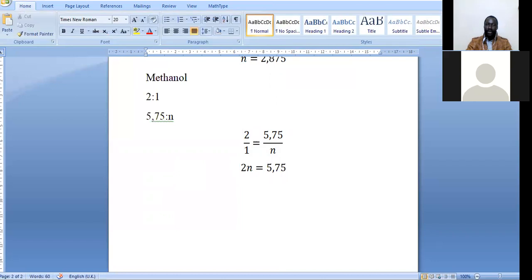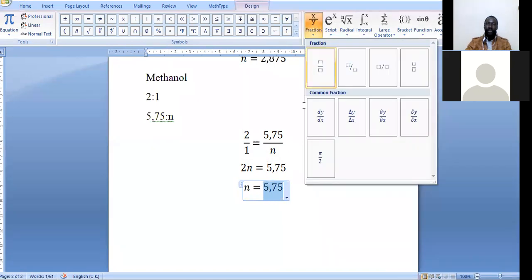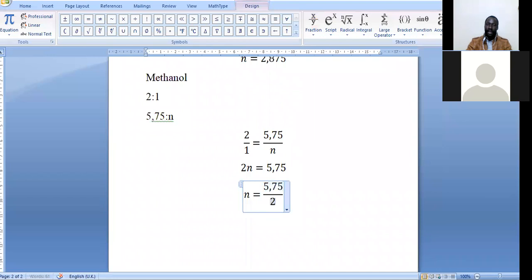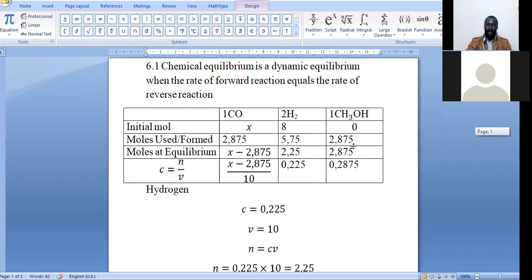So now the next thing is to find the value of N. We can find the value of N when we divide 5.75 by 2. And when we do that, what we get is the value of N. N in this case is the number of moles of methanol, which is the same value as what we had got initially, 2.875. Now, that is how we have got what we have in the table here, which is this one.